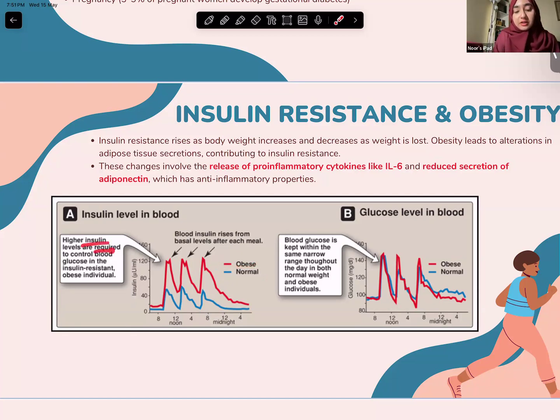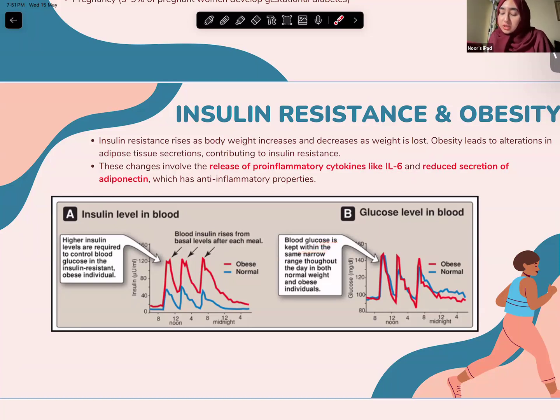Higher insulin levels are required to control blood glucose in the insulin resistant obese individual, because he produces inflammatory substances like IL-6 and has reduced secretion of adiponectin. As a result, insulin is not working properly, so he would need a lot more insulin to bring about the same effect that a normal person would have with little insulin.